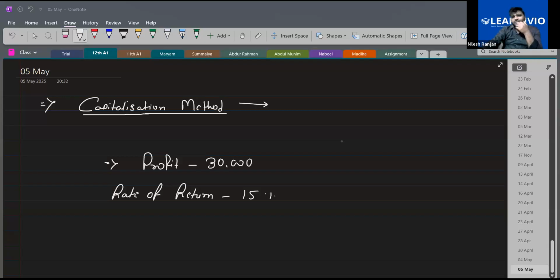Can you tell me the method that you have used? 30,000 into 15 by 100. It will be 4,500, I think. But if you invest 4,500 into your business, then can you earn 30,000? Madiha, you didn't tell me anything.